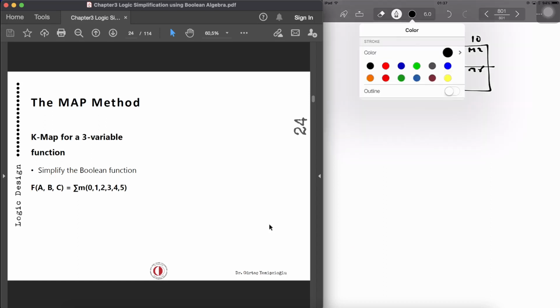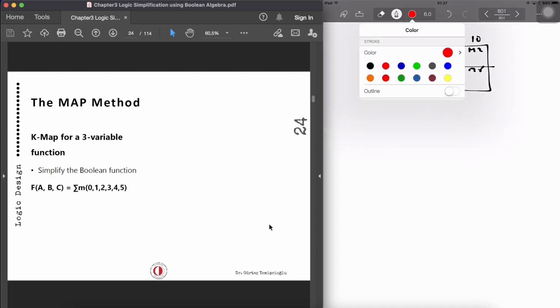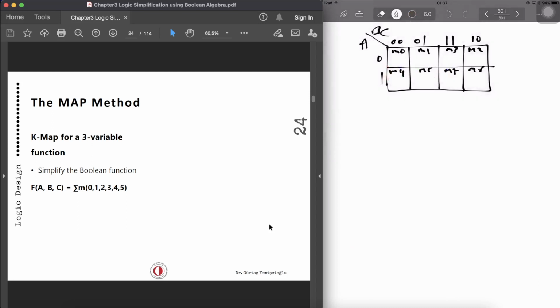So which ones are going to be included? Minterm 0, minterm 1, 2, 3, 4, and 5. So these are the minterms that are covered in this function, which will give us output as 1, and the rest are zeros. So what will be the first combination?